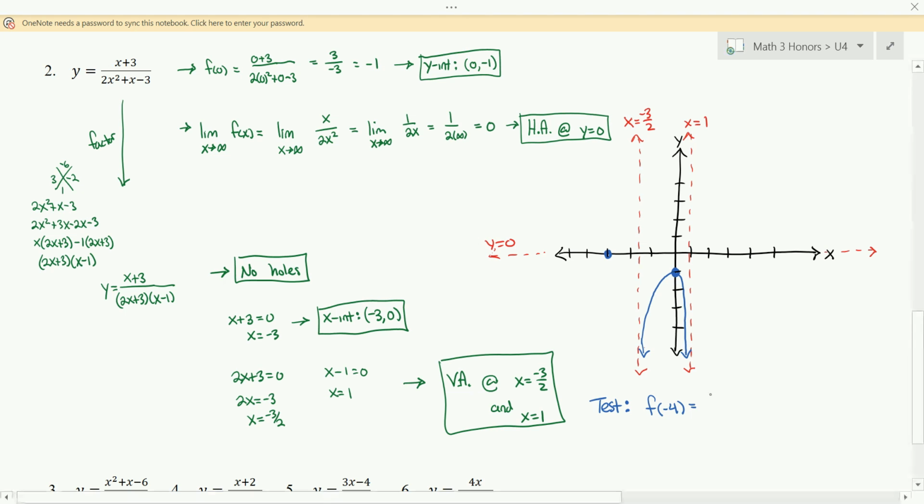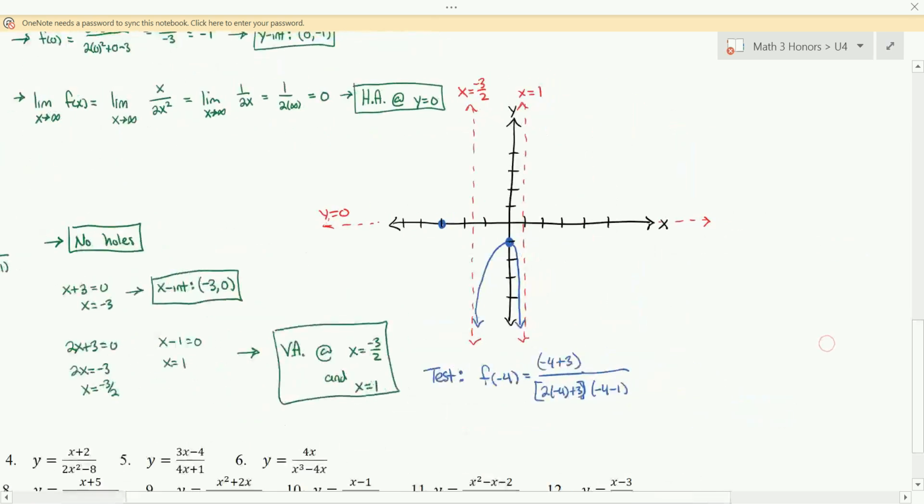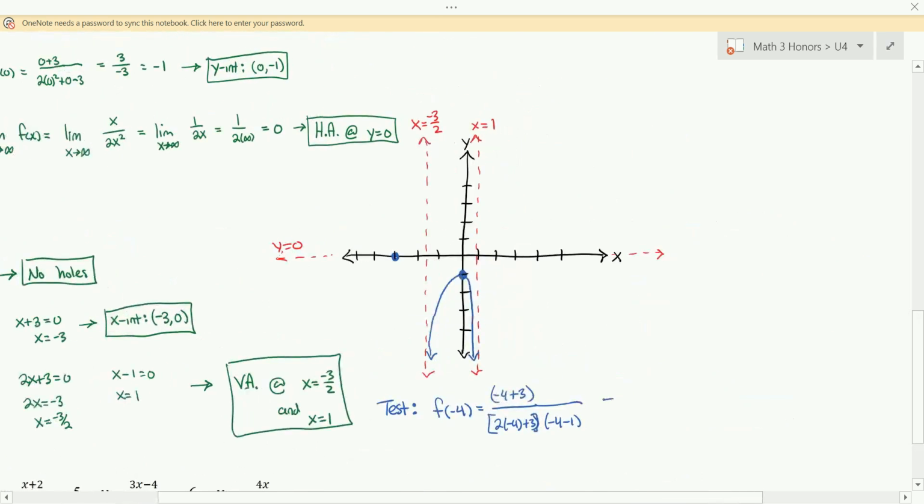So if I plug in -4 in the numerator, and in the denominator I plug in -4, I get 2 times -4 plus 3, and still one more factor, -4 minus 1, right? So in the numerator, I'm going to end up with a -1, and I'm just going to use the sign. In the denominator, is this going to end up being positive or negative?